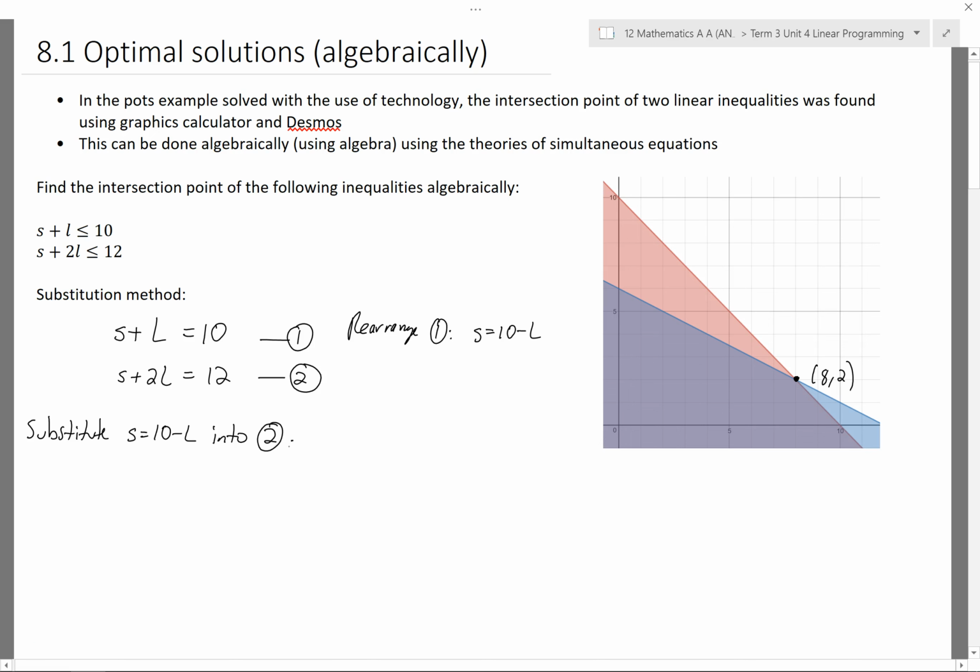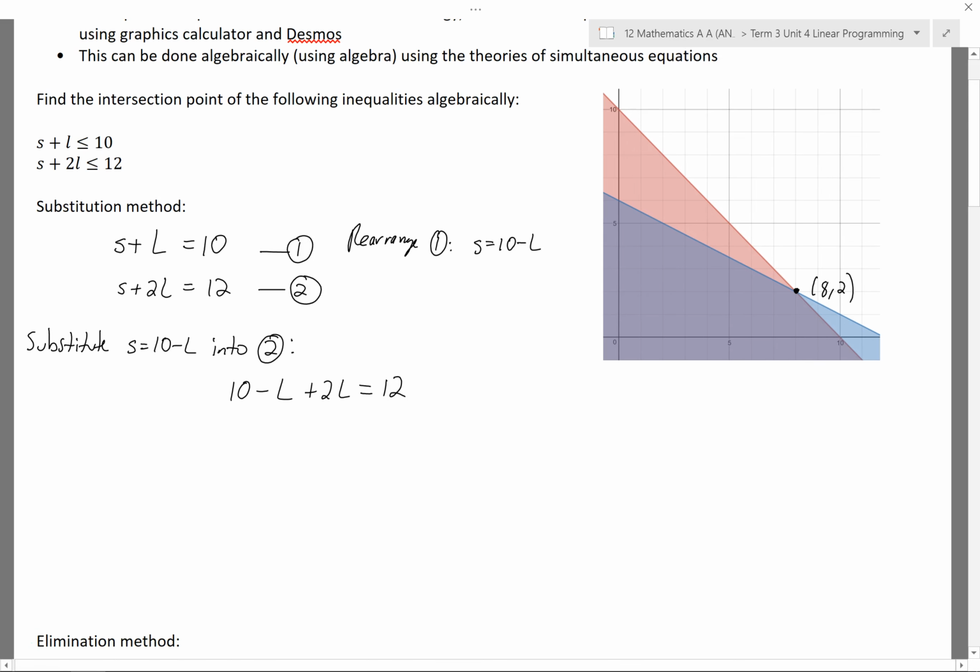Where I see this S in equation 2, I'm instead going to write 10 minus L. So it ends up looking like 10 minus L plus 2L equals 12. The good thing is that now I've only got one variable which I can rearrange and solve.